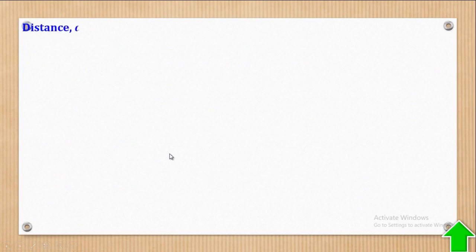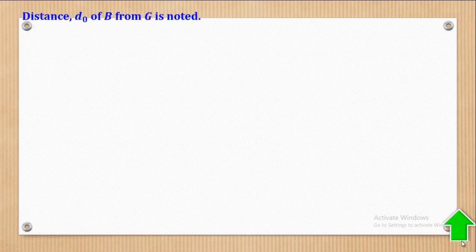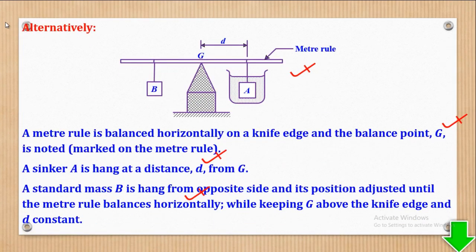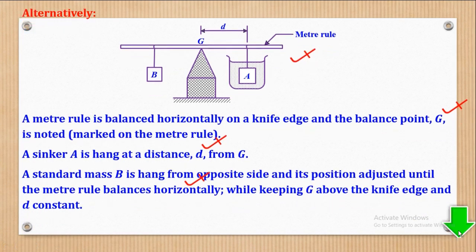At that point you have to measure distance D0 of B from G. This distance, from here up to here, is measured when A is alone and there is no liquid. That is the first point.